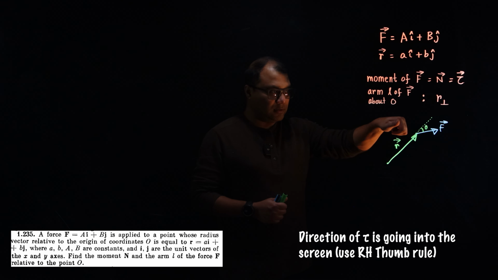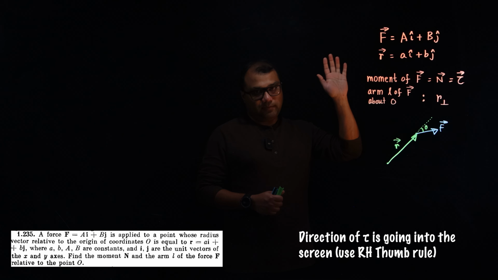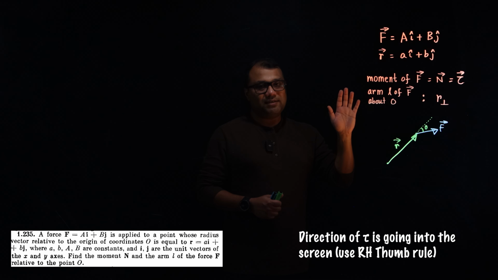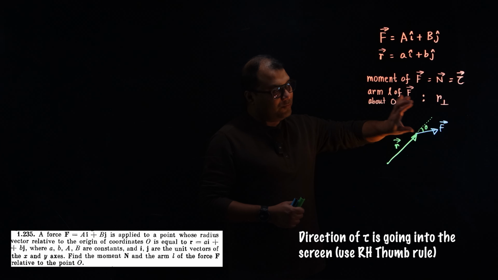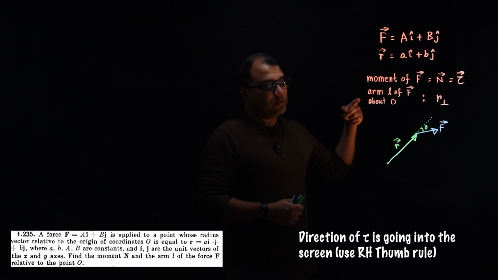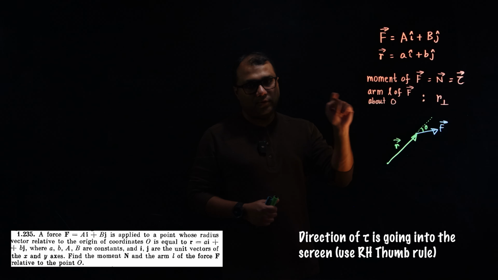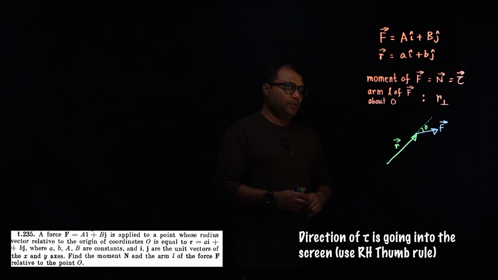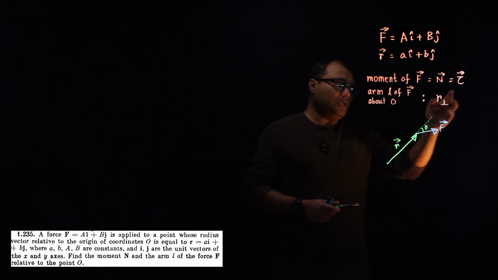In the video you will probably see this as my left hand, but this is my right hand. If I move from R to F, the thumb is going in, so the direction of the torque is perpendicular to the board going out towards you. So that is the direction of the torque.